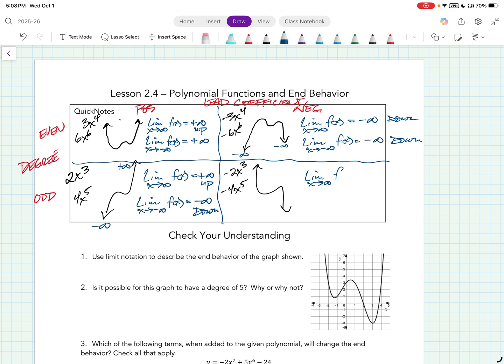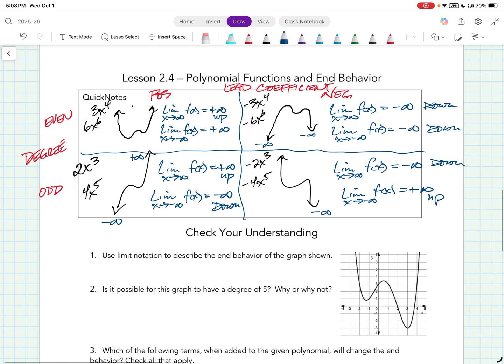As x approaches infinity, the limit of the function is negative infinity because it's going down to the right, decreasing without bound. And then on the left, it's going up. So as you approach negative infinity, the limit of the function is positive infinity because it's going up. And those are the only four cases for polynomials.